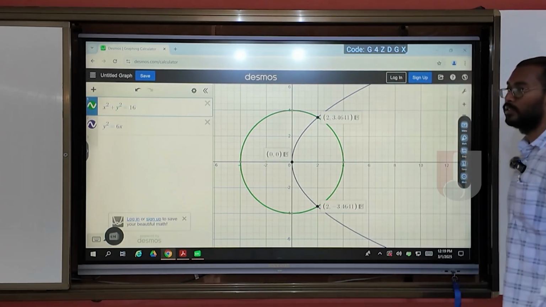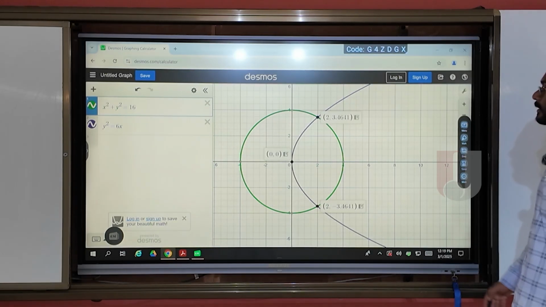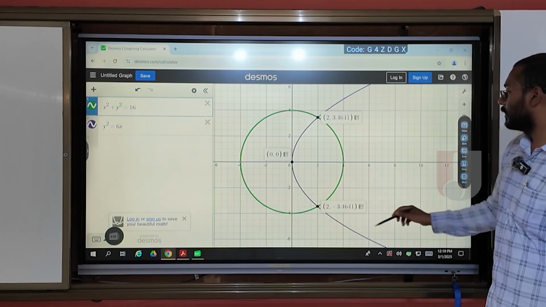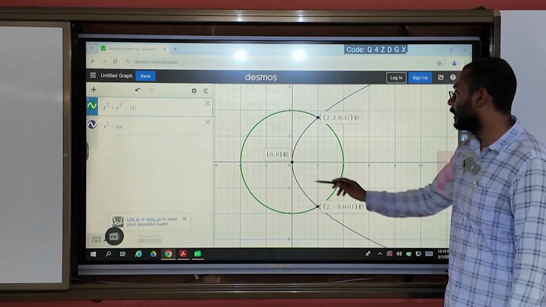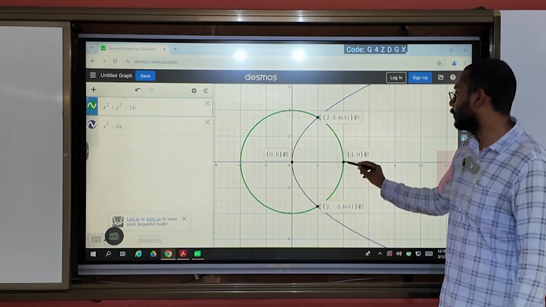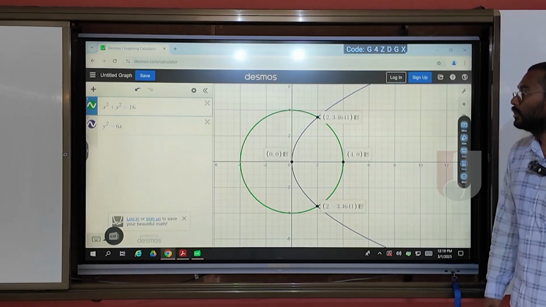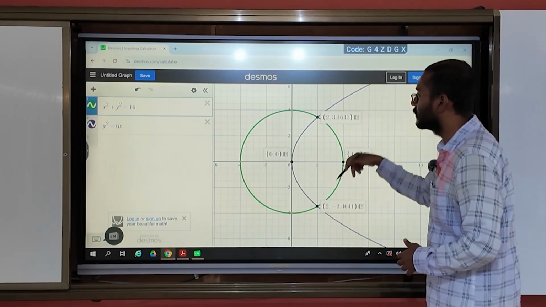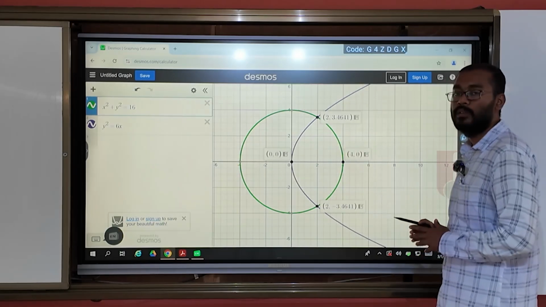And these 4 points are there, so the region is bounded by these 4 points: one is 2, 3.464, here 2, minus 3.464, and 0, 0, and this point is 4, 0. So you have to find out the area bounded by the curves, that portion.